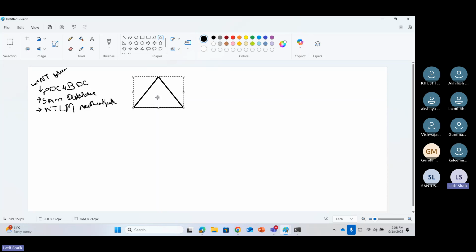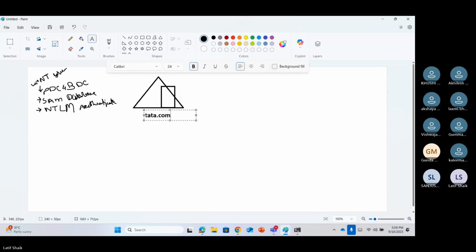So this is a triangle. The triangle represents a domain, and this represents a domain controller. So this is a domain. For example, my domain name is tata.com. No hierarchical structures are there.